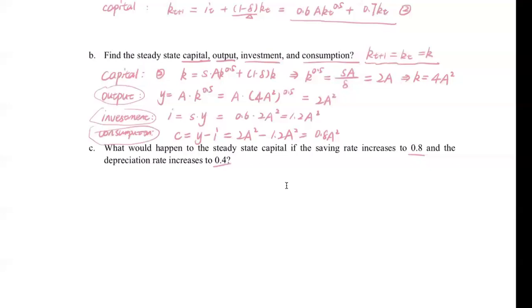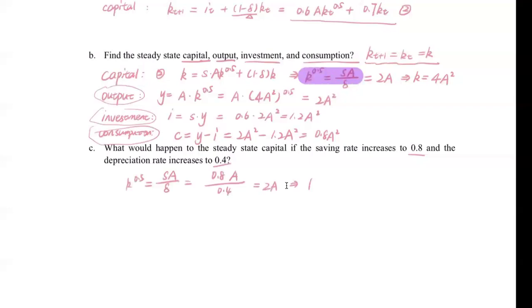Because according to this equation, we get K to the 0.5 equals S A divided by delta. And now S is 0.8, and delta equals 0.4. Still, now you can see K to the power of 0.5 equals 2A.